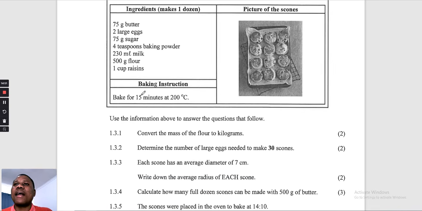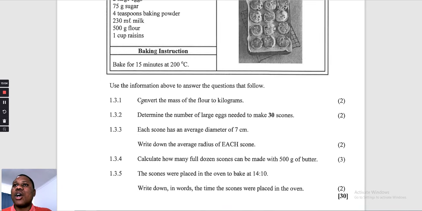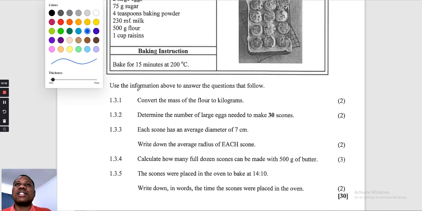Baking instruction: bake for 15 minutes at 200 degrees Celsius. Use the information above to answer the questions that follow. Convert the mass of the flour to kilograms.